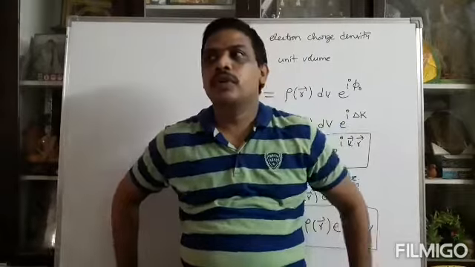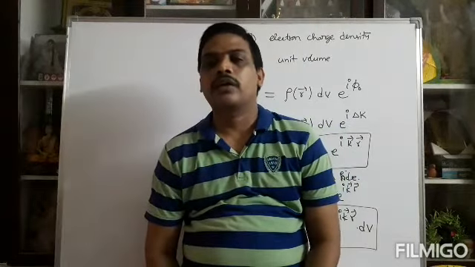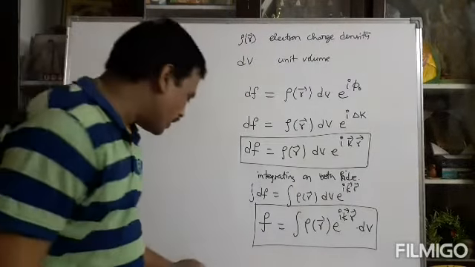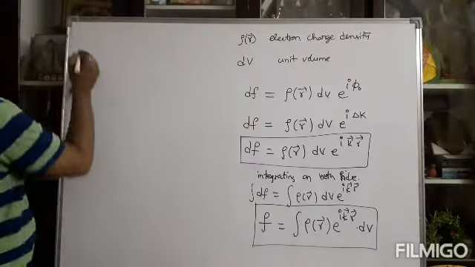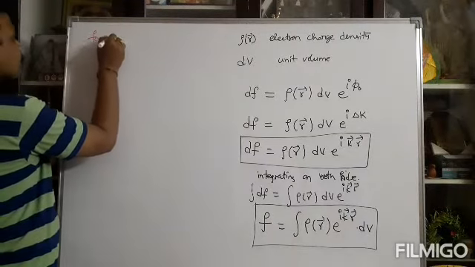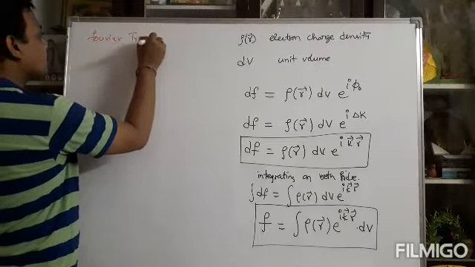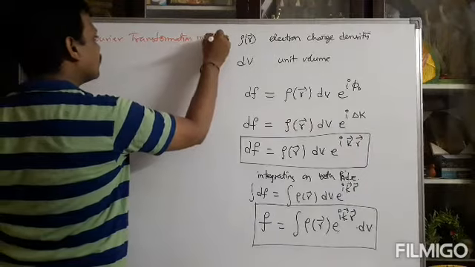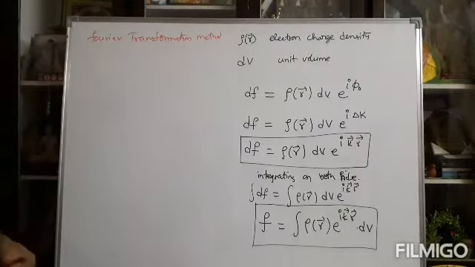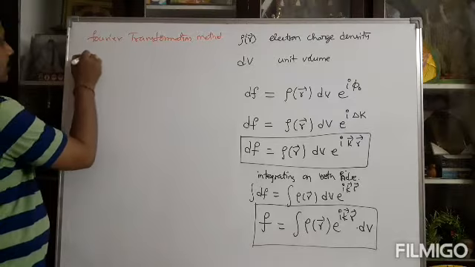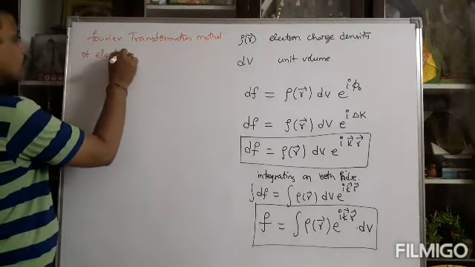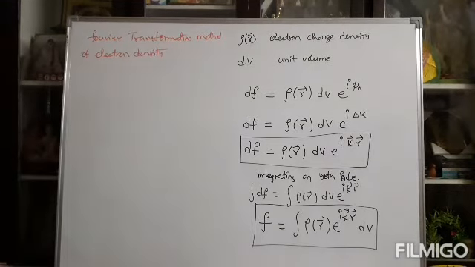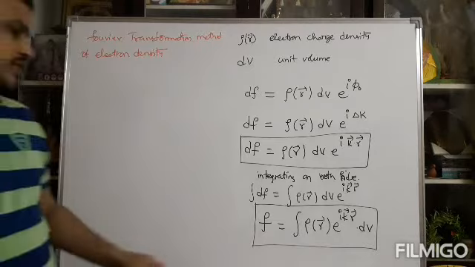Particularly, this equation can be solved by the Fourier transformation method of electron density.